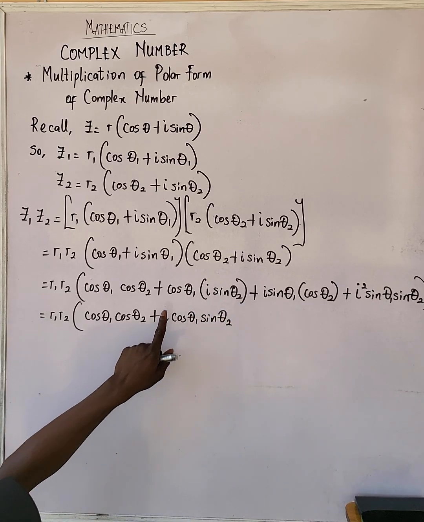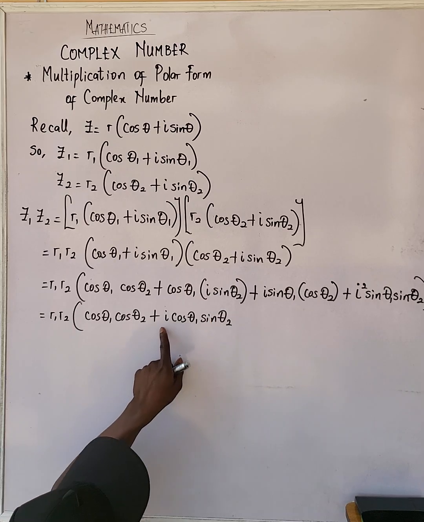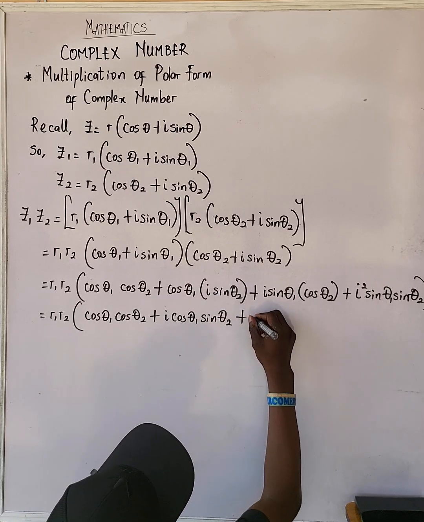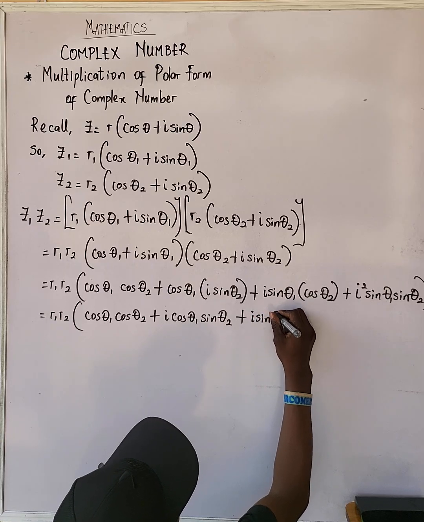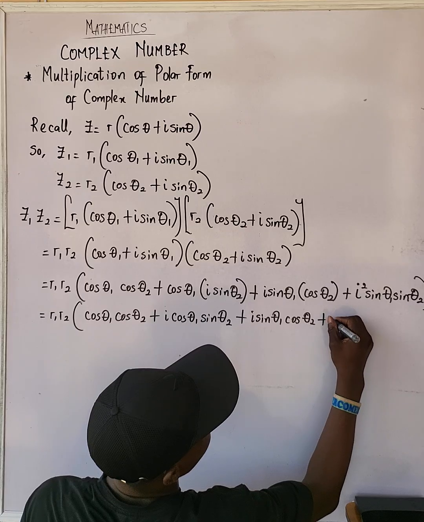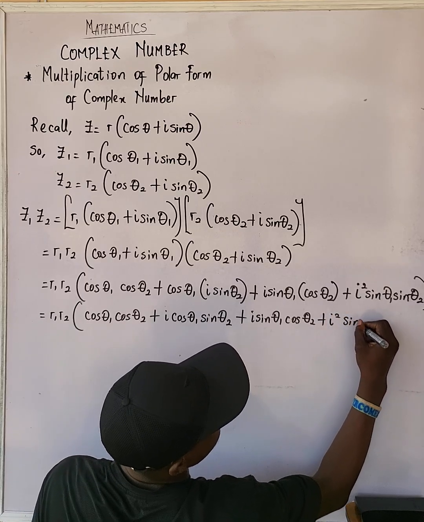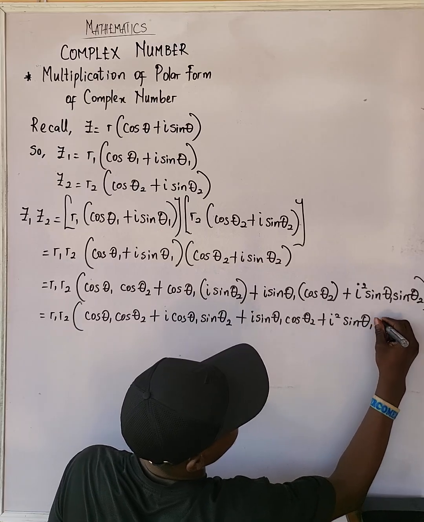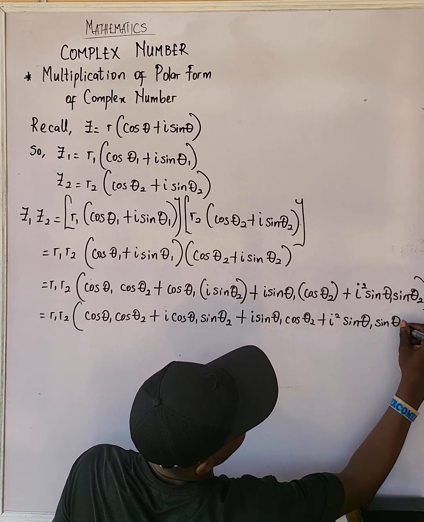Do you understand? When I multiply this, it gives me i cos theta 1 sin theta 2. Plus here will give me i sin theta 1 cos theta 2. And here will give me i square sin theta 1 sin theta 2.